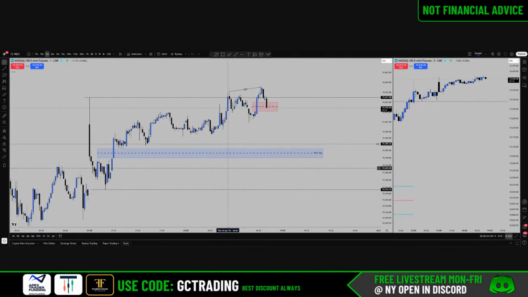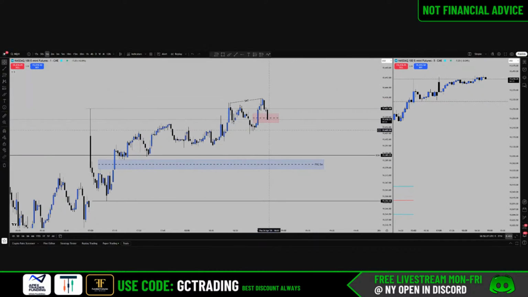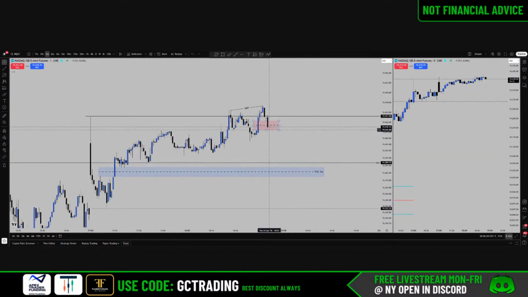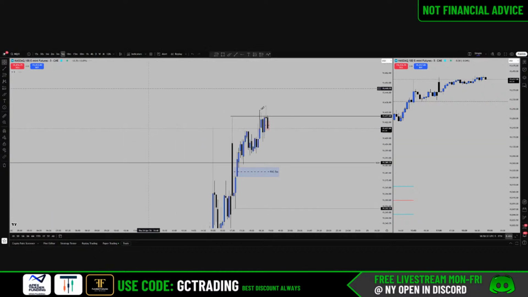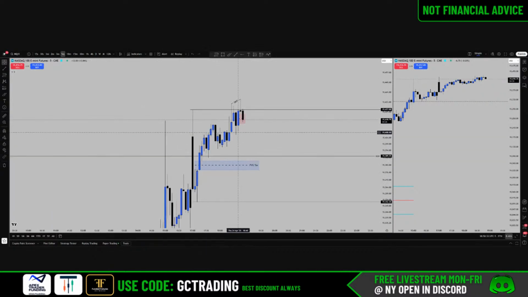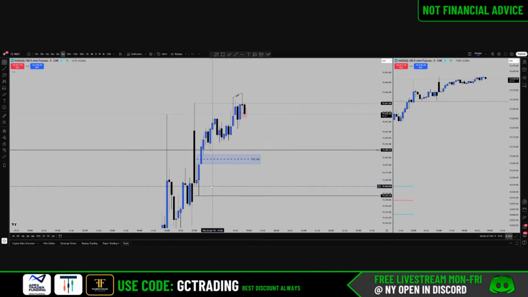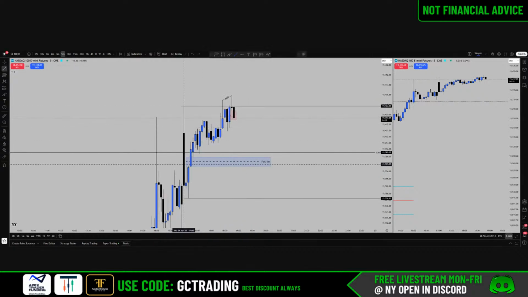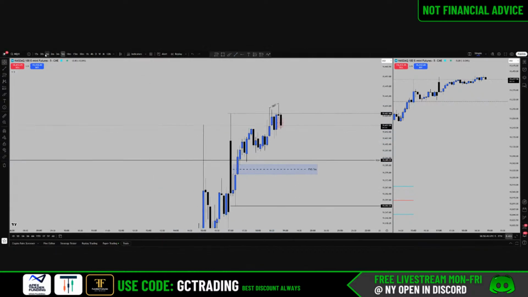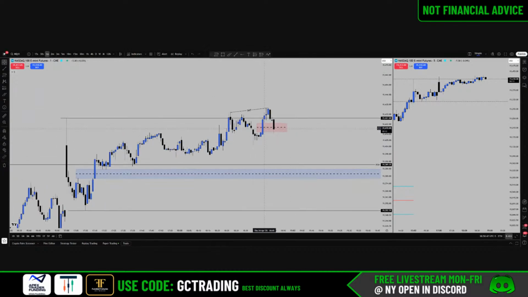So if we do start ripping down here, and if we invert this, I would like to see a 3-minute or 5-minute fair value gap get formed, and then maybe target this low here, this fair value gap, all this low resistance liquidity. That could be a potential setup. Let's see if we invert this 1-minute first. That's the first thing we've got to do.